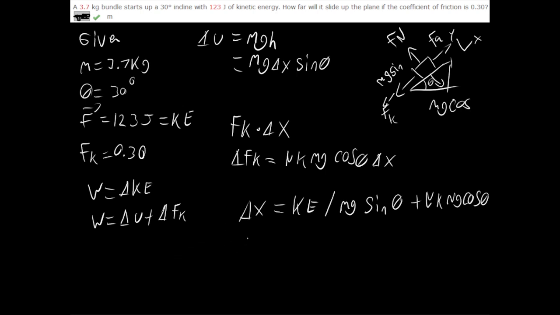Or we can say, plugging the numbers in, change in x equals 123 joules divided by 3.7 times 9.8 times sine of 30, and we're going to have the friction coefficient.